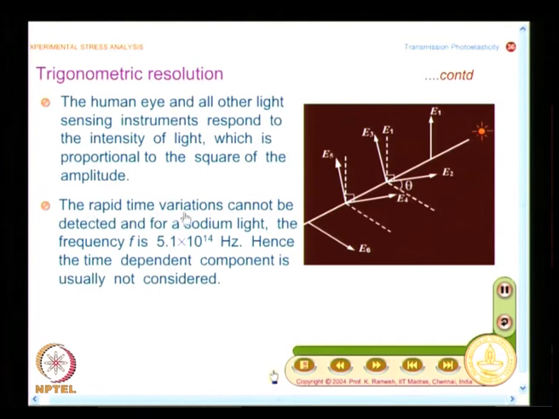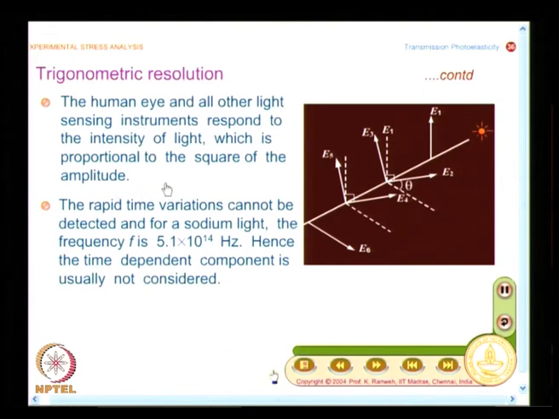You have rapid time variations which cannot be detected, and for a sodium light we have the frequency as 5.1 into 10 power 14 hertz. So, you do not perceive the time dependent component, and you are sensitive only to the intensity of light transmitted, and the intensity of light transmitted is the square of the amplitude.